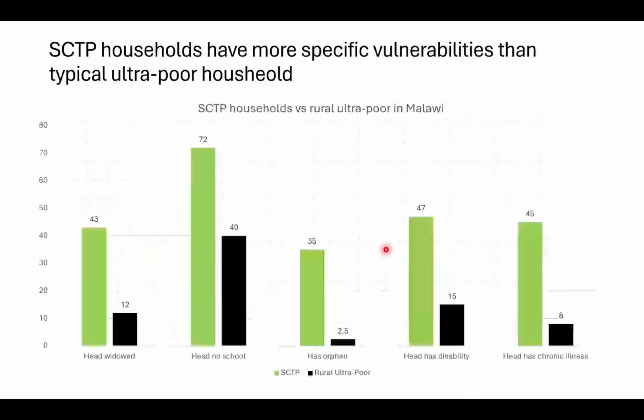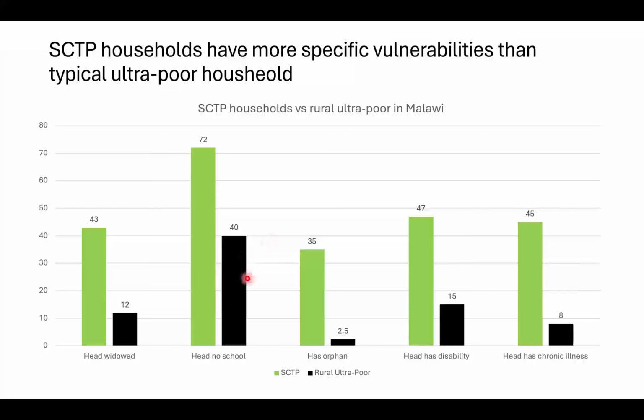Just to underscore that, these are some comparisons of the characteristics of households in the program with the rural poor in Malawi, pulled from national data. So look, they tend to be more widowed-headed households. The head is more likely to have no schooling. They're caring for an orphan. A third of the households are caring for orphans, right? Compared to just under 3% among the rural ultra poor.